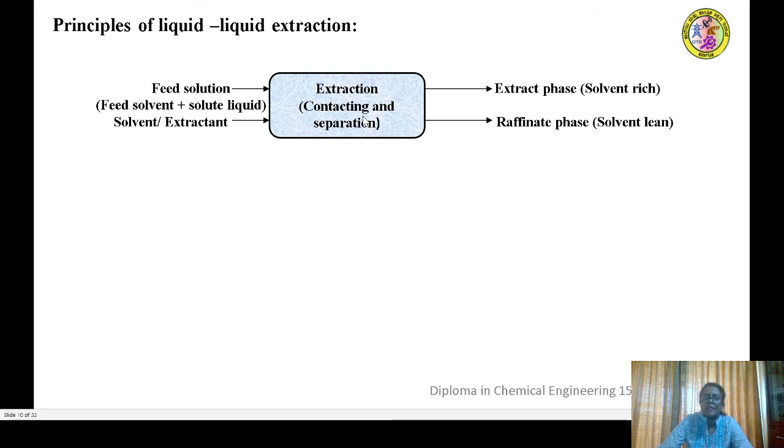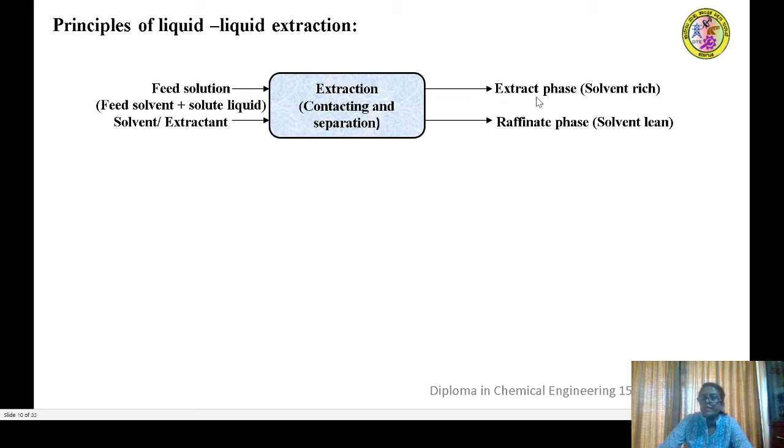After the contacting is over, we allow the phases to separate due to density difference, and after that the two phases are separately taken out of the equipment. One of the phases coming out is a solvent-rich phase, meaning whatever solvent is entering here will dissolve the solute liquid from the feed solution and go out as a phase.